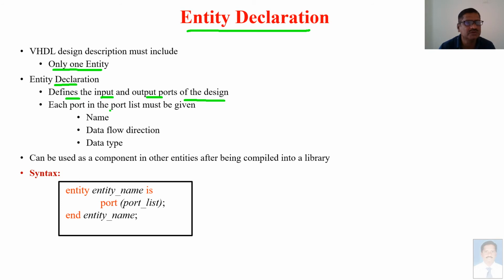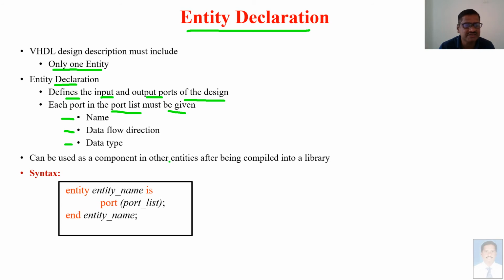Each port in the port list must be given in this way. It should have a name, that is the identifier. It should have a data flow direction, which may be input, output, or both. And it should have a data type, maybe real, integer, boolean, or std logic if we are using the 9-valued logic.